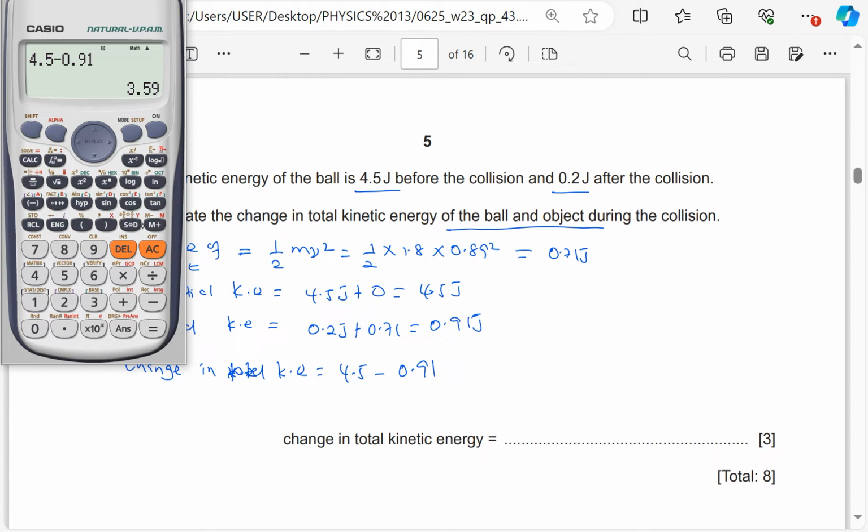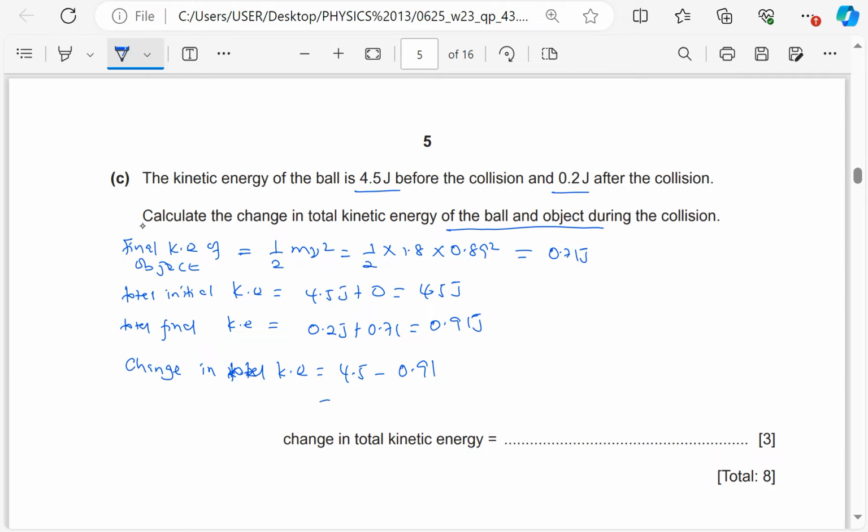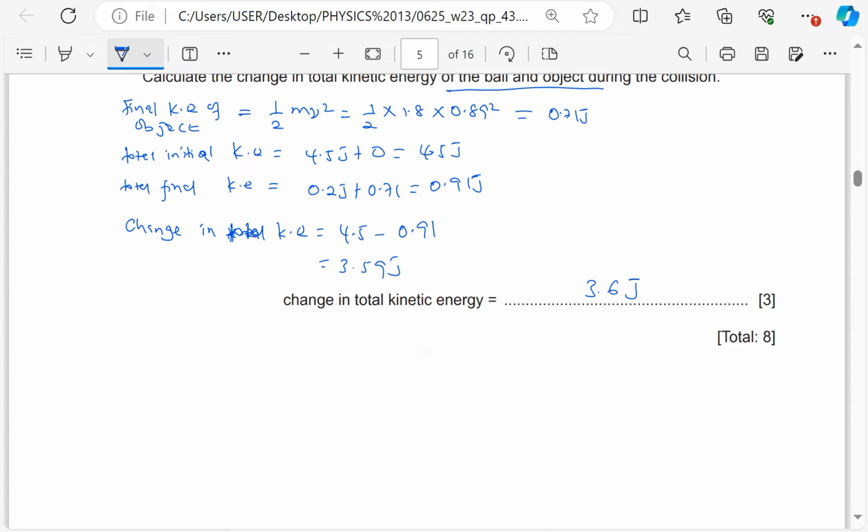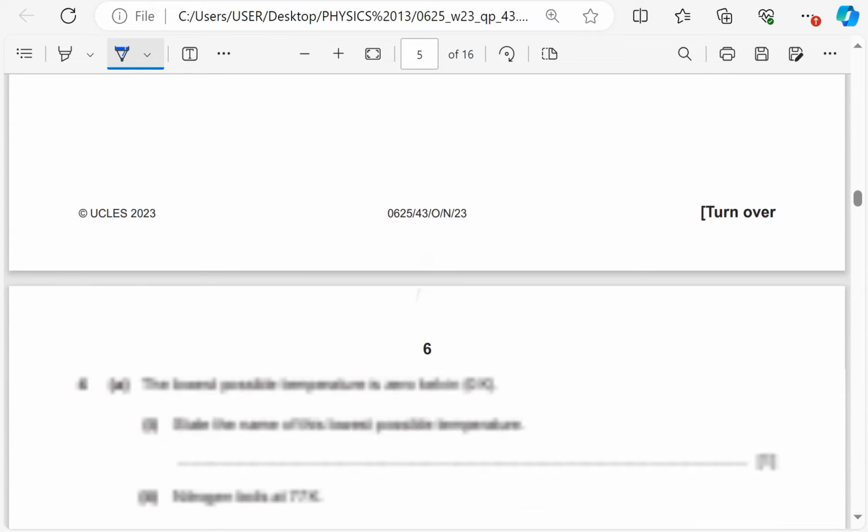So this is giving me 3.59 joules, or approximately 3.6 joules. So that is the change in the total kinetic energy. My handwriting is not good, but it's fine.